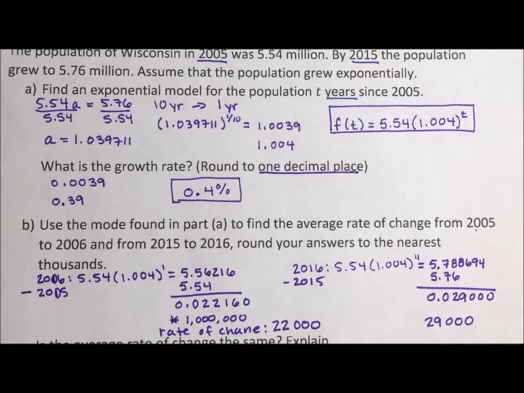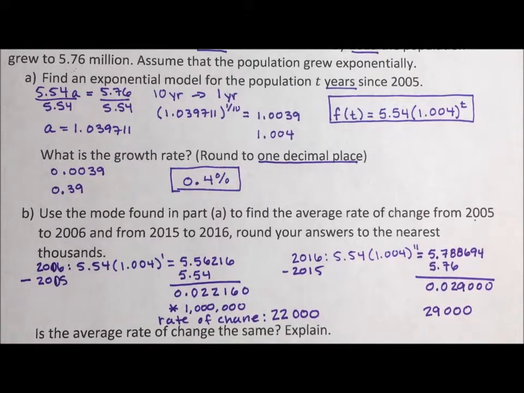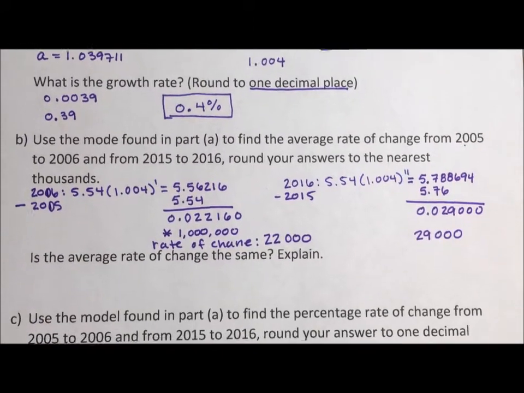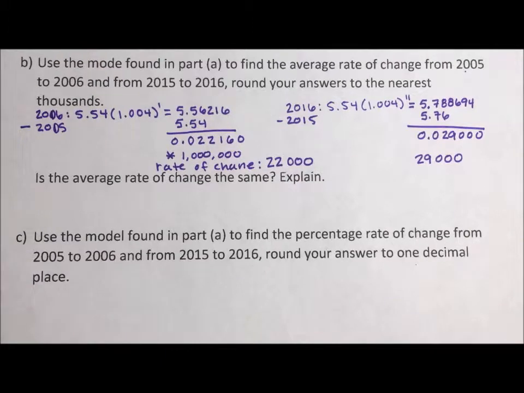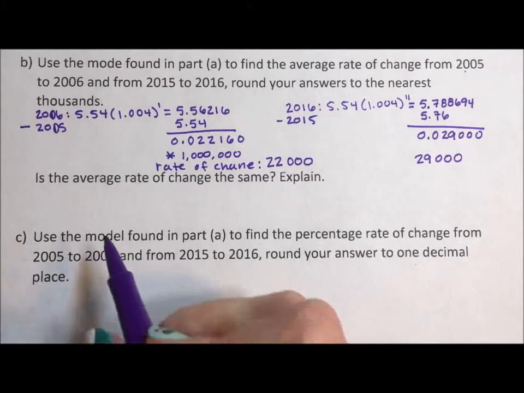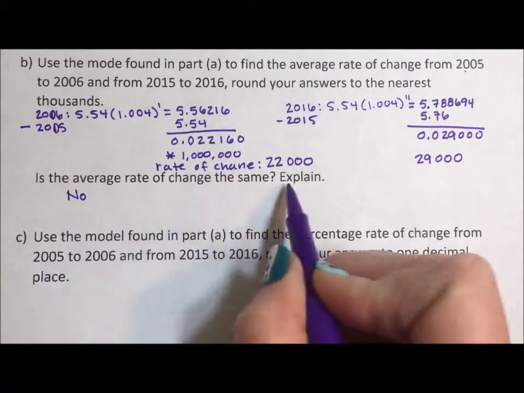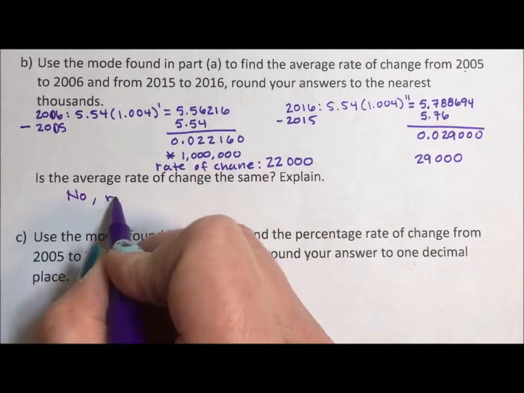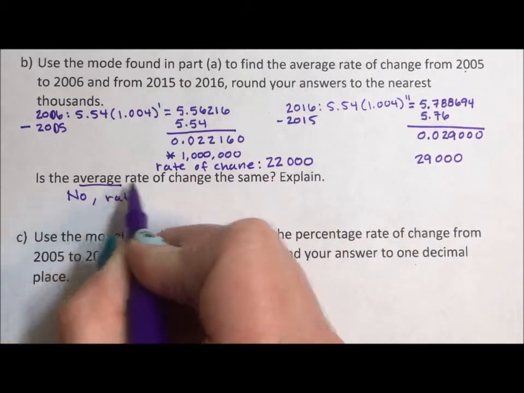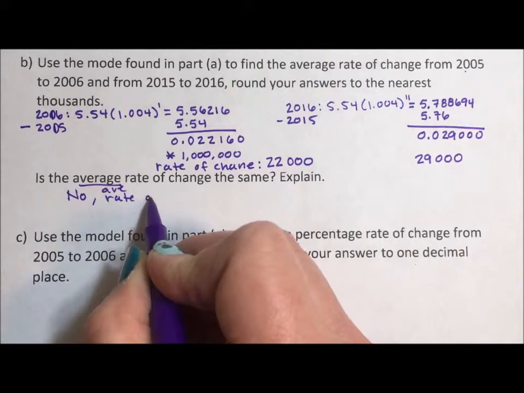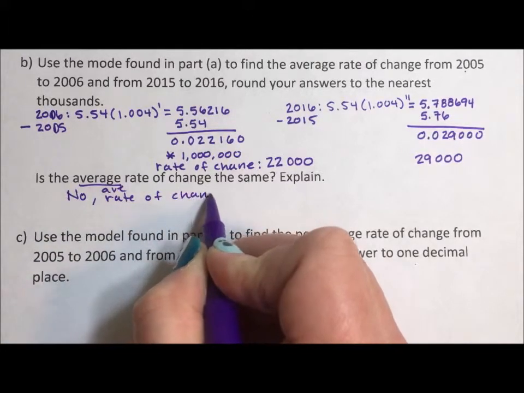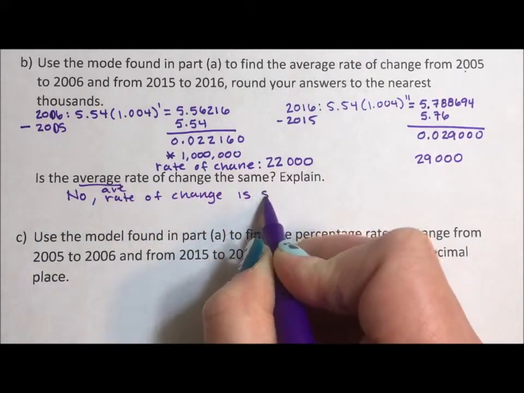All right, so we just found the populations, subtracted them, and rounded to the nearest thousands. And the question is, are they the same? And the answer is no. Why aren't they the same? Well, average rate of change is slope.